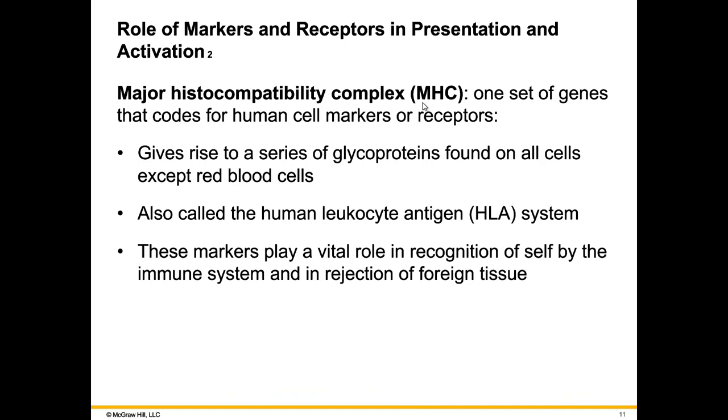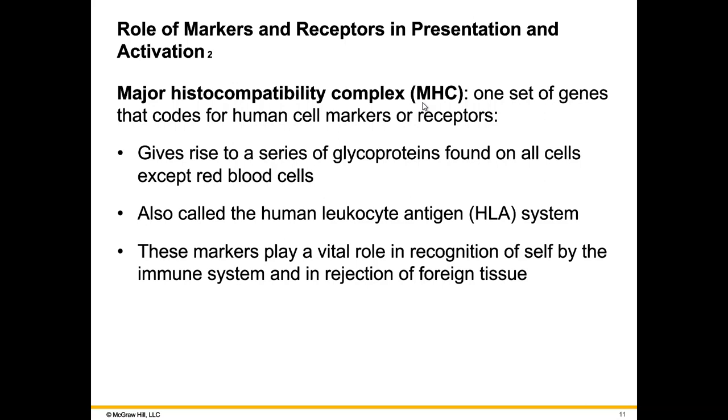For example, we have our MHC complexes. That stands for Major Histocompatibility Complex, and it's a set of genes that code for cell markers or receptors in humans that give rise to various glycoproteins that are found on all cells that have a nucleus, which is all cells except red blood cells.